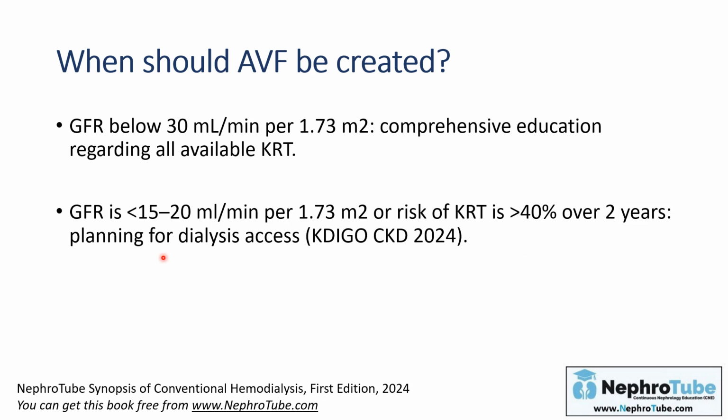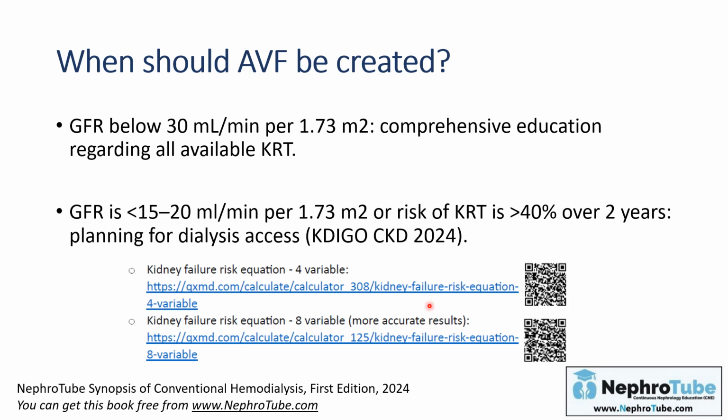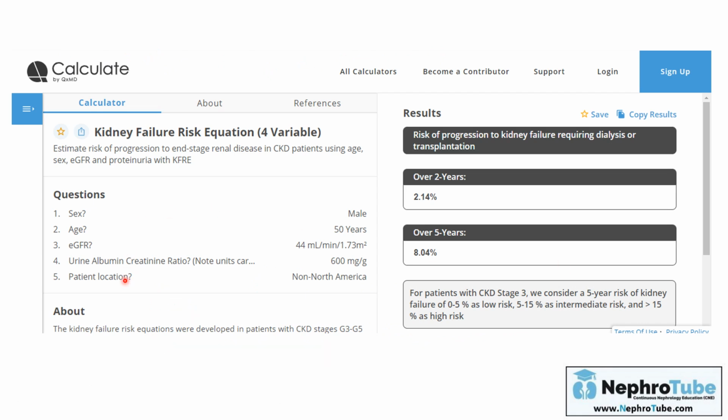Okay, how do we calculate the risk of kidney replacement therapy? The KDIGO mentioned two risk scores: the kidney failure risk equation, one with 4 variables and one with 8 variables. The one with 8 variables is more accurate, and I put the links for these calculators in the book. For example, this is the 4 variable calculator: sex, age, eGFR.